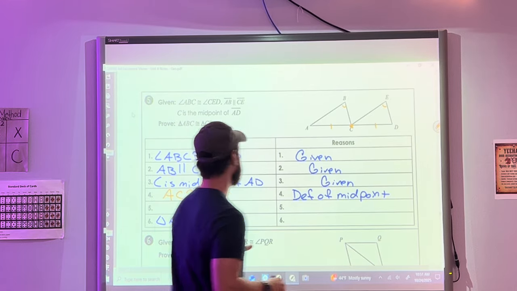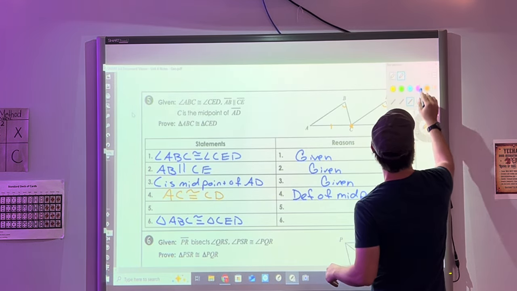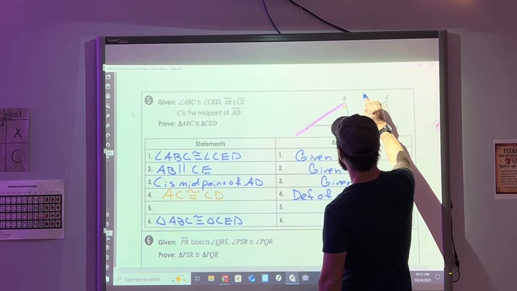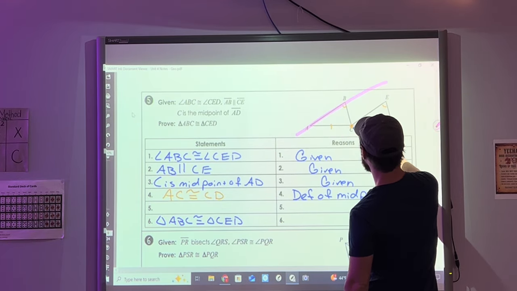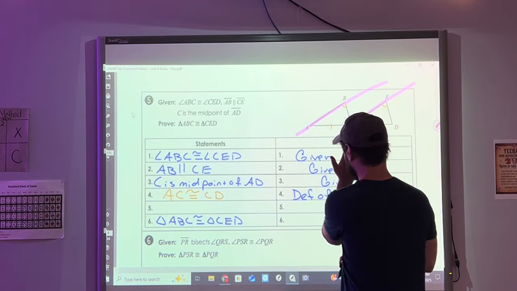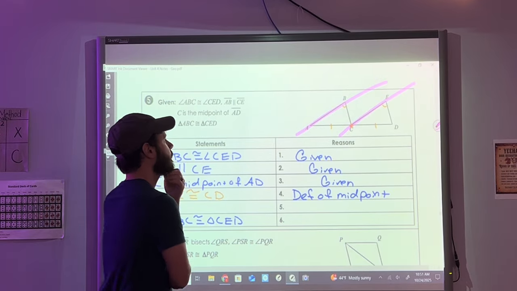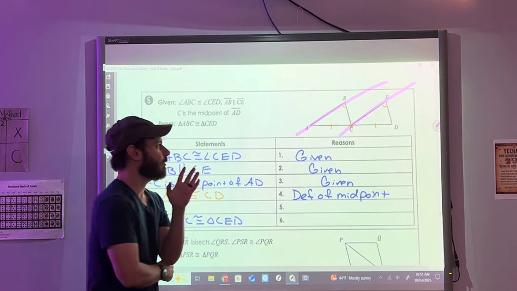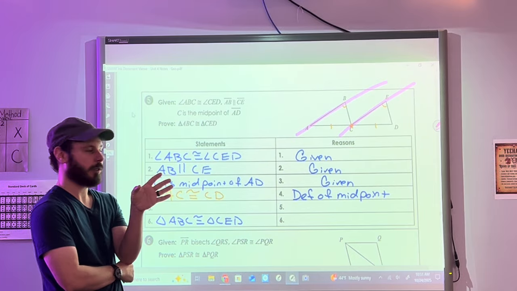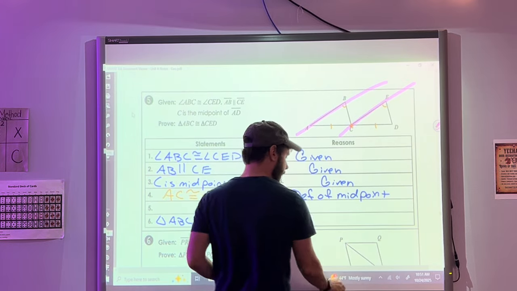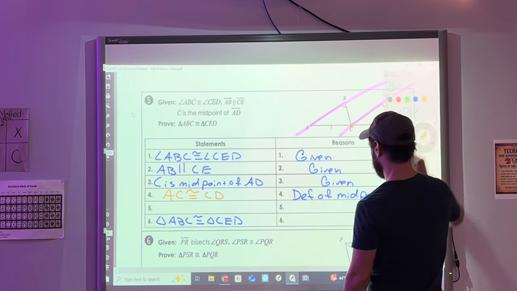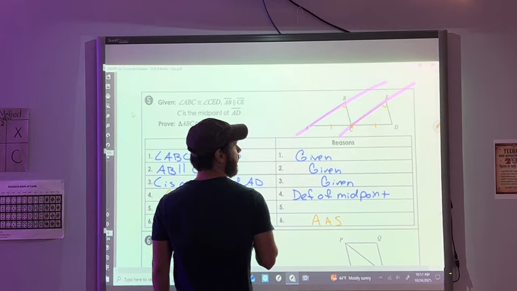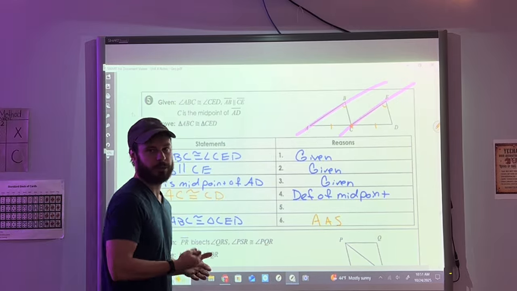Now let's look at the parallel line thing, because I never actually labeled that. I have AB being parallel to CE. Okay. All right. Well, there's only one option here. If I know, and I do, that this is going to be angle side, that means I need to be able to flow from angle to side.